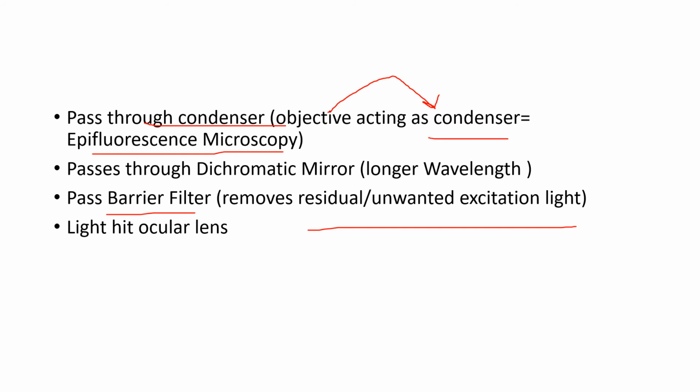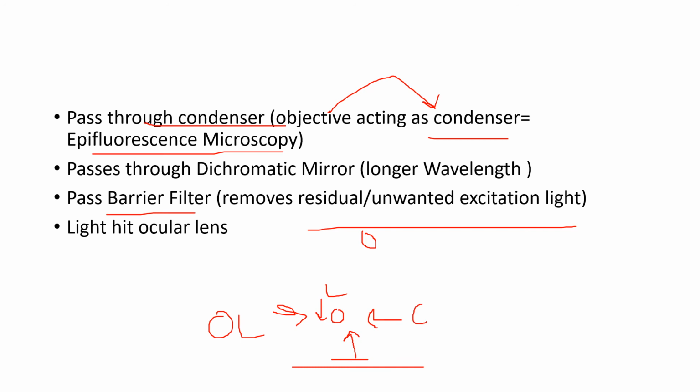I hope it's clear. Here we have the objective lens and the light rays are coming. Here we have the specimen. So when light rays are passing through these lenses and hitting a specimen, these lenses become our objective lenses. And when light rays are coming from the specimen and hitting our ocular lenses, these lenses become condenser lenses.